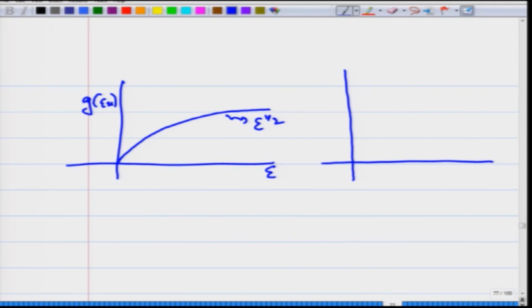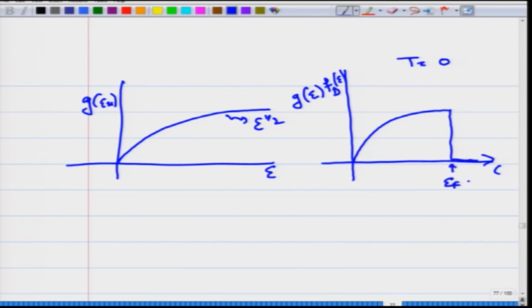So, at temperature T equal to 0, G(Ek) into Fd as a function of E will look like this, which is equal to the chemical potential at temperature T equal to 0 Kelvin, and these are the occupied states. This is the density of the occupied states.